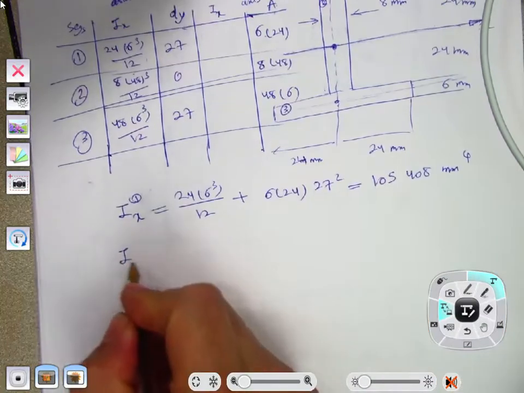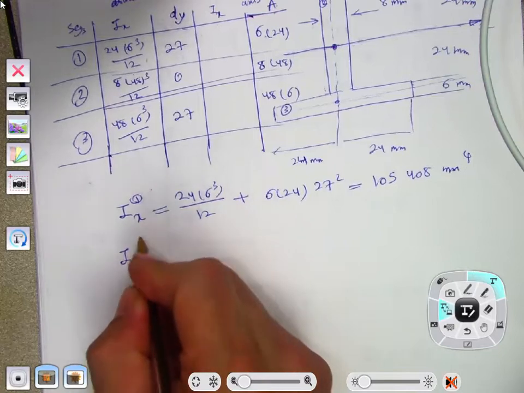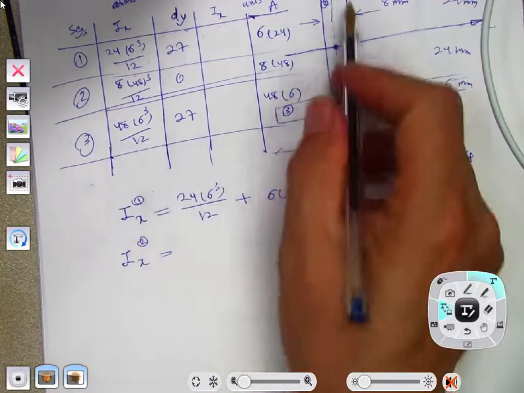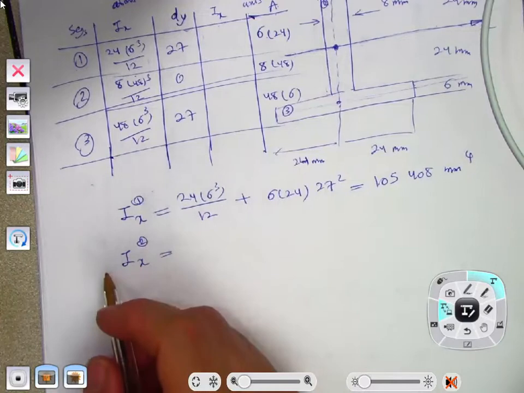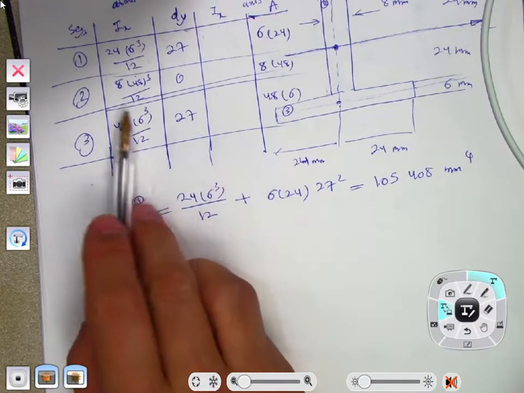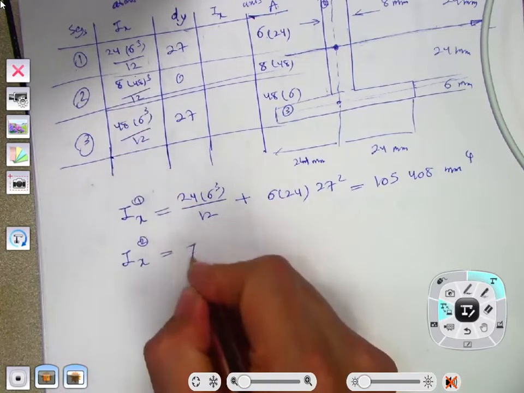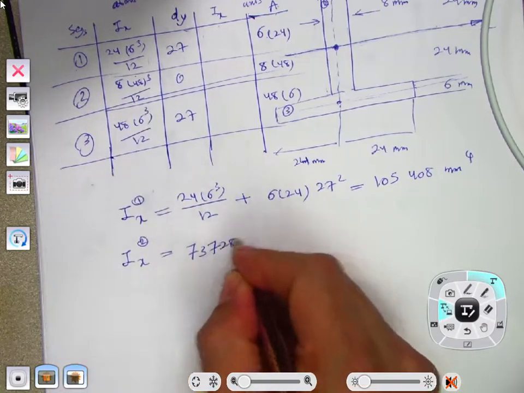Okay, for segment 2, this middle one is basically 8 times 48 cubed divided by 12. That one is going to be 73,728.